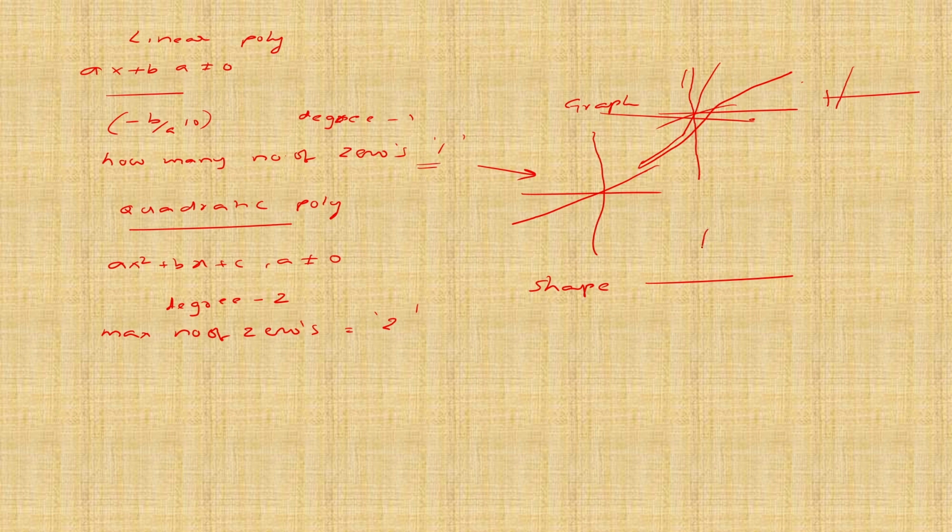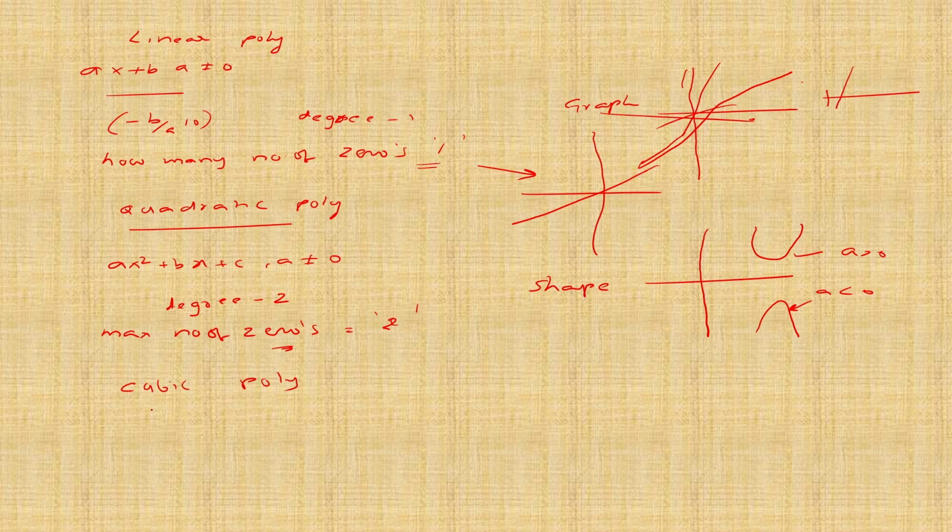It is a parabola like this or like this. If a is greater than 0, it is like this. If a is less than 0, it is like this. So the maximum number of zeros is 2.